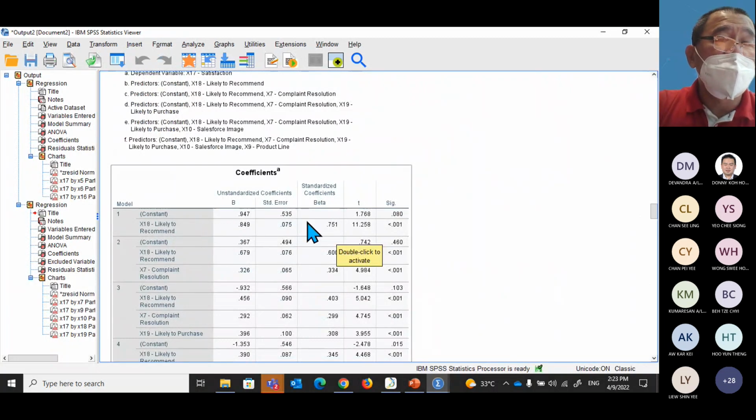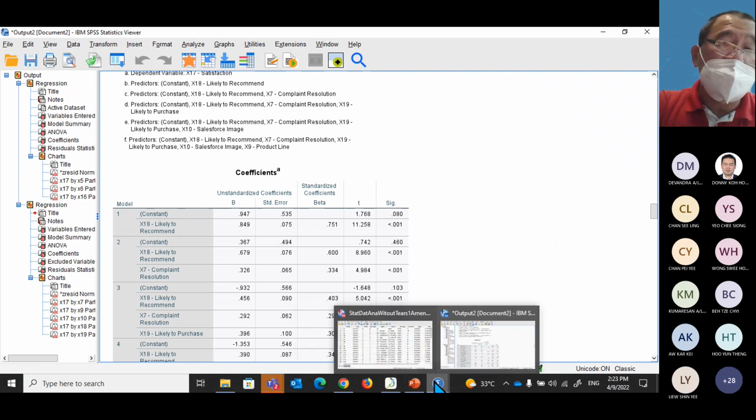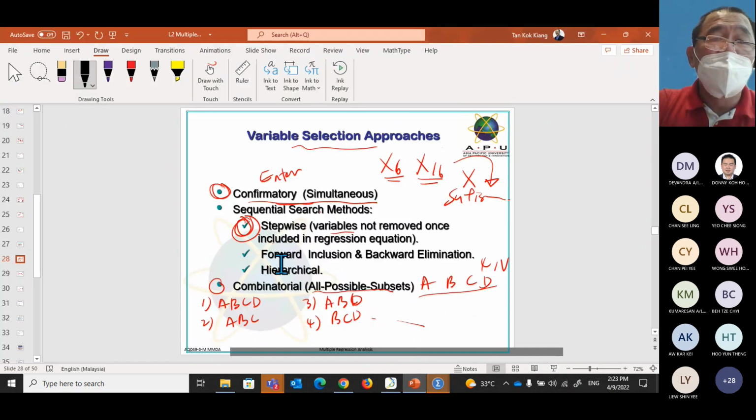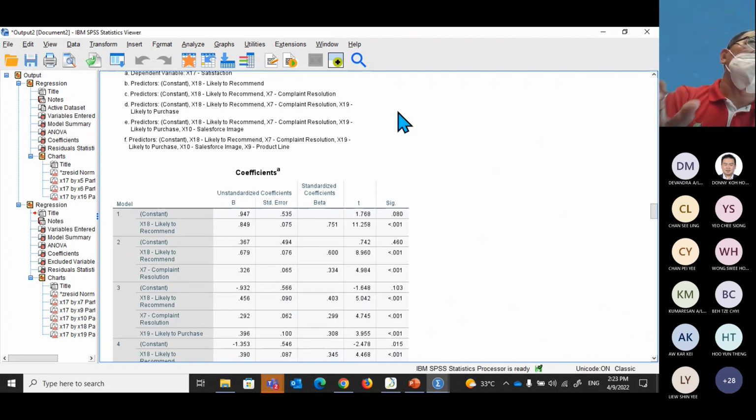This variable is already in the model, therefore whatever happens next, they are not going to remove it anymore. Then the third method, which is forward inclusion and also backward elimination. The variable already included can also be eliminated in the next model.